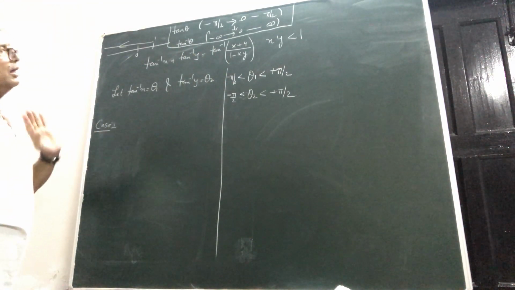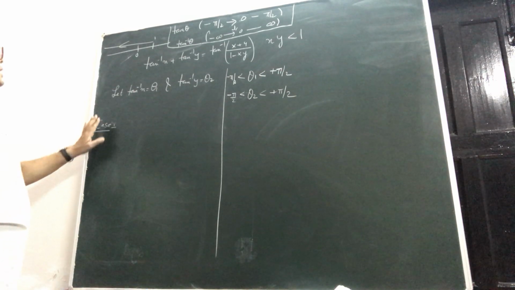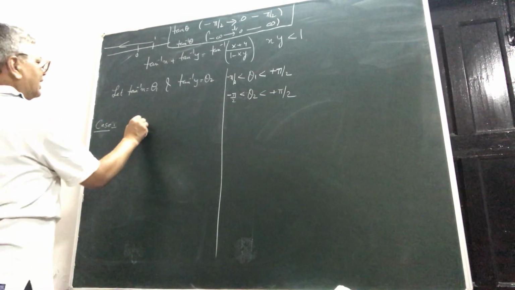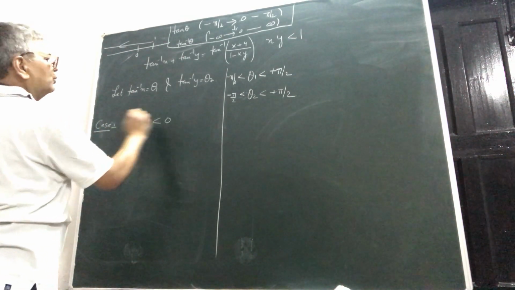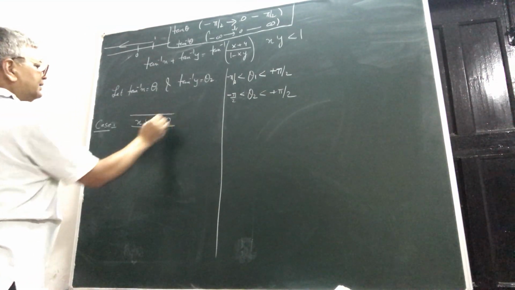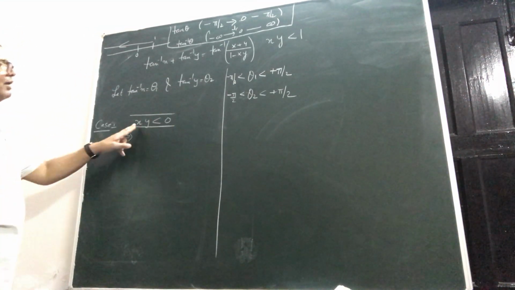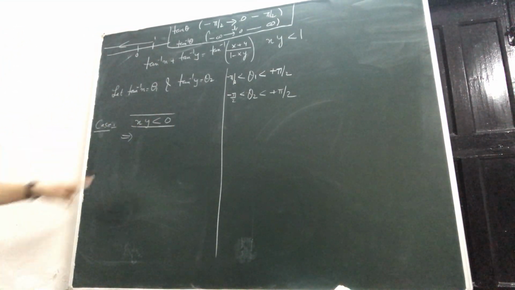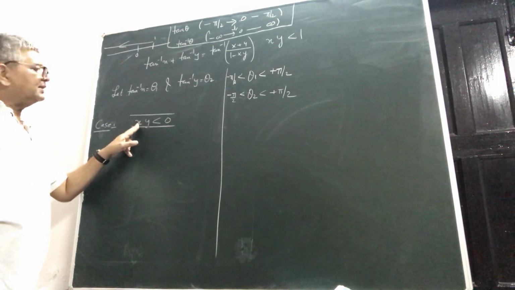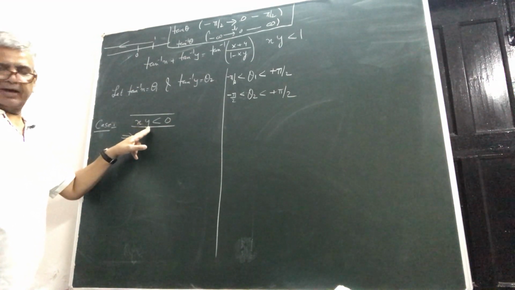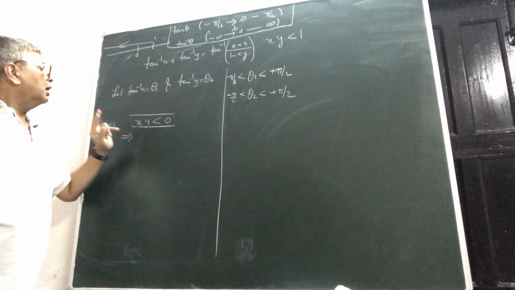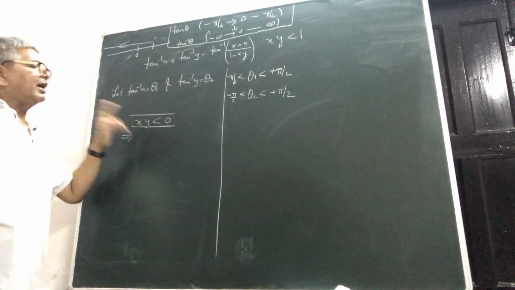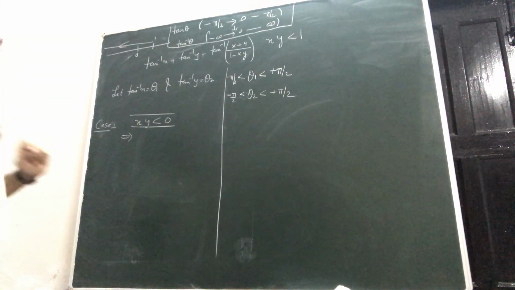Now please see, in case 1, when xy is less than 0, what does it mean? This simply means one of them is positive, the other is negative. Either x will be positive and y will be negative, or if x is negative, then y has to be positive. So one positive, one negative.